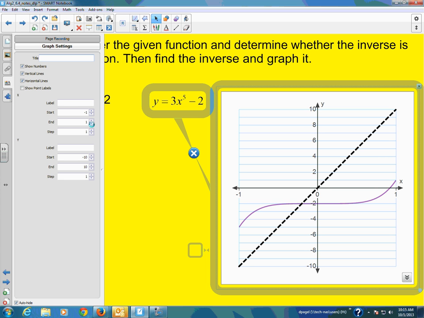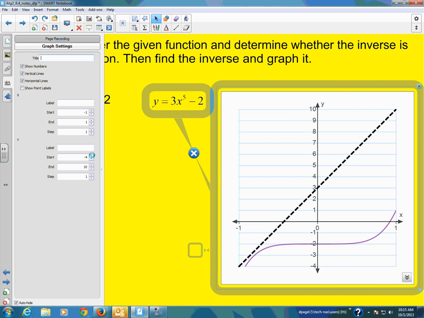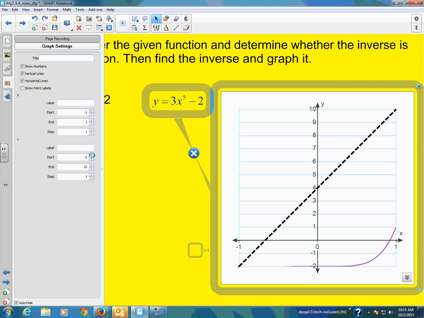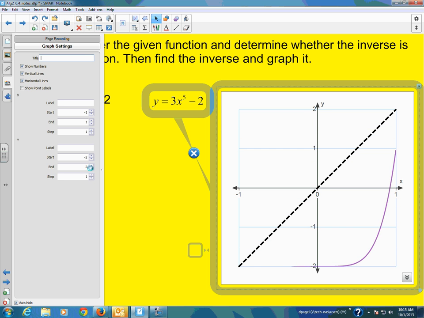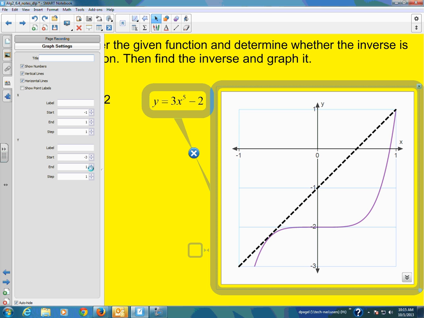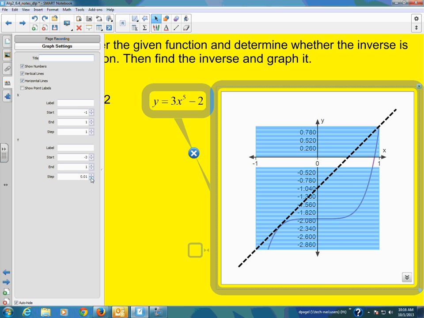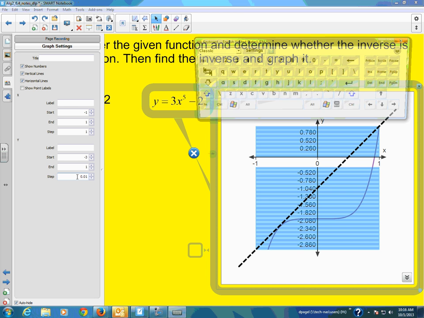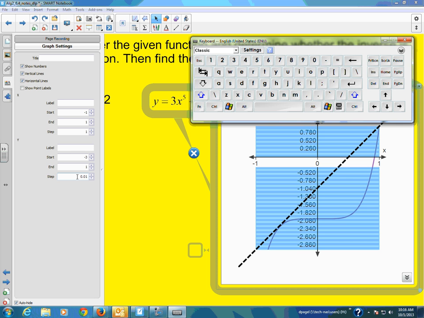We're going to go from, say, negative 1, and change my step. It's kind of hard to see, so I'm going to change my step to something different so we can see some adjustment here. Let's say we're going to go 0.5.